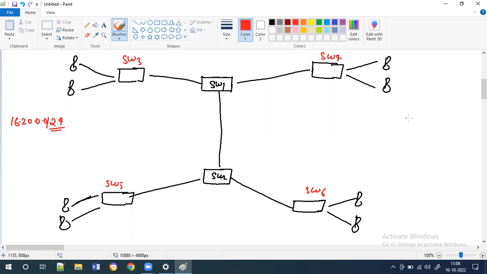That means the first criterion, that no two ports of a router... but if that is a switch, I can have the interfaces in the same subnet, right? Second, directly connected interfaces must be in the same subnet, right? So this is also in the same subnet. This is all in the same subnet. That means from the switch point of view, I can achieve the requirement. But let's see what the problem is here.